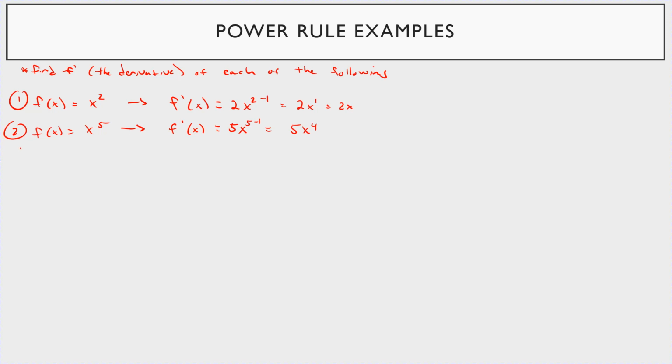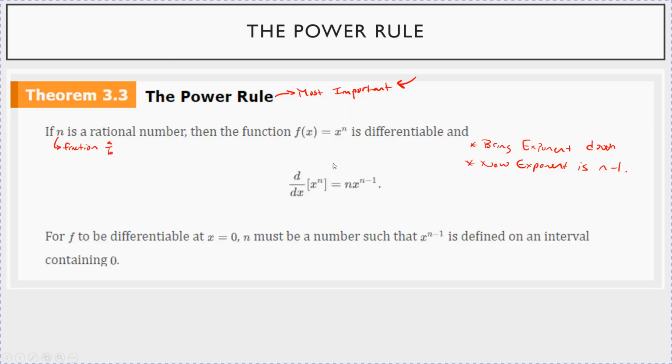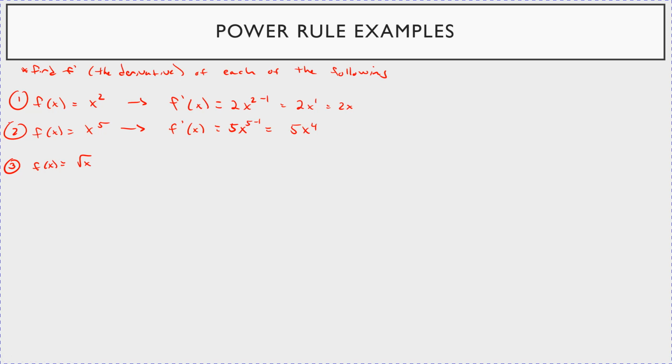So let's take a look at this one. We'll try to mix it up a little bit. Let's look at f of x is equal to the square root of x. Maybe I can't apply this power rule now. But wait a second. Can you rewrite the square root of x as x to the 1/2 power? Yes, absolutely. So then all you can do is just apply this power rule. So the derivative, f prime of x: take the 1/2, bring it down in front, and then you have x to the 1/2 minus 1.